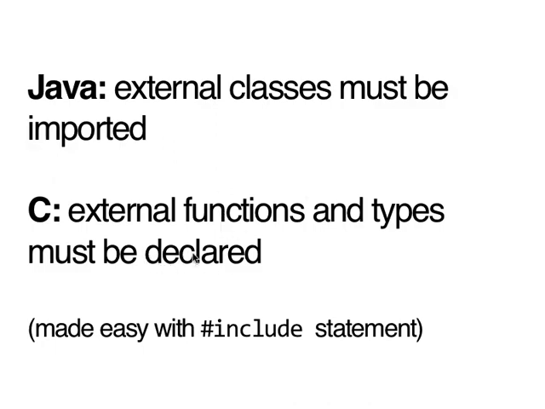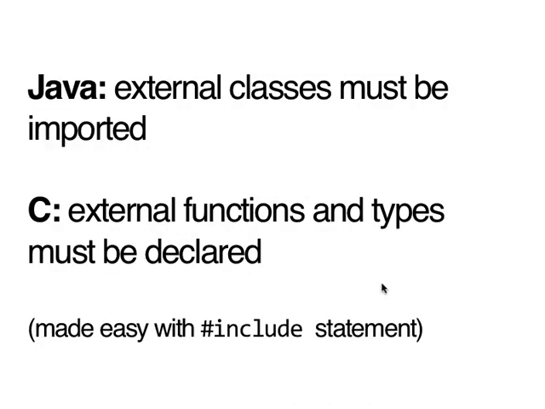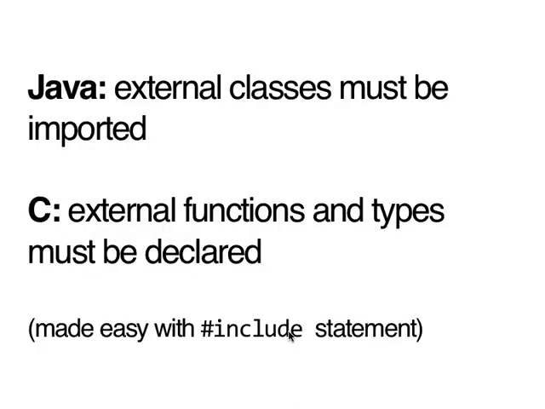In other words, you have to say, okay, this is a type called XYZ that is defined somewhere else, and I want to use it in my code. But this is normally made easy by using the #include statement. Okay, I will talk about #include statements later. Okay, so these are the main differences between Java and C, and there are many other differences that you can read online through the resources that are posted onto the blog.